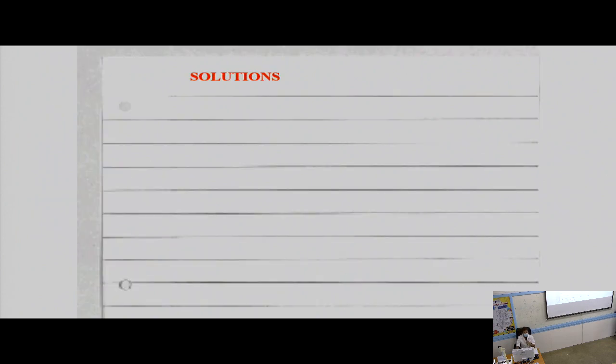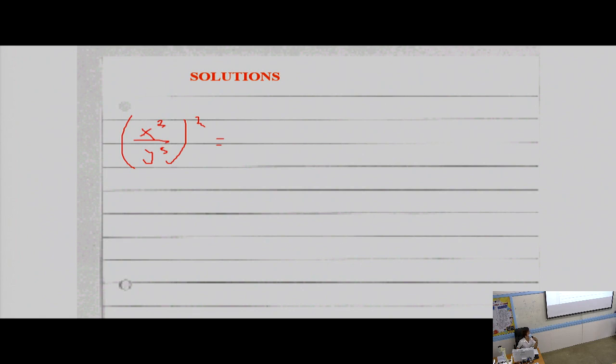Now let's have another one. If we have x to the power of 2 over y to the power of 3, all to the power of 2, what would be the answer?